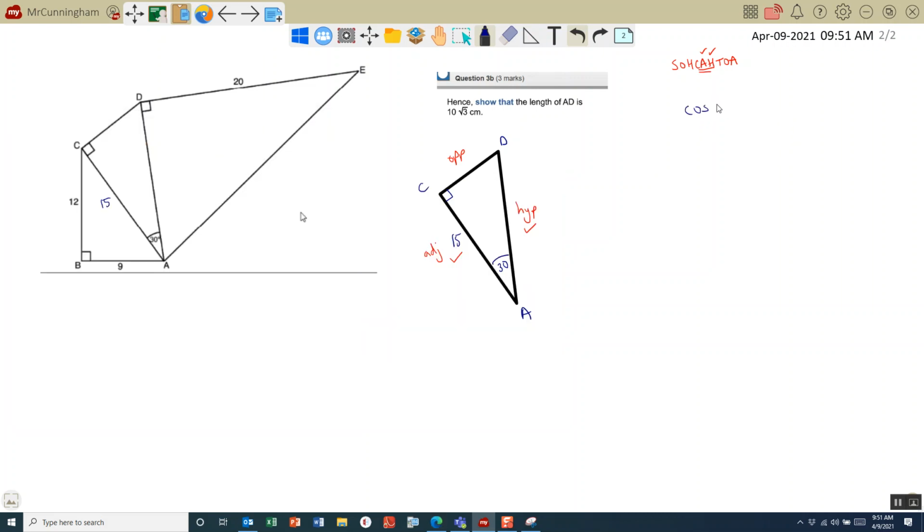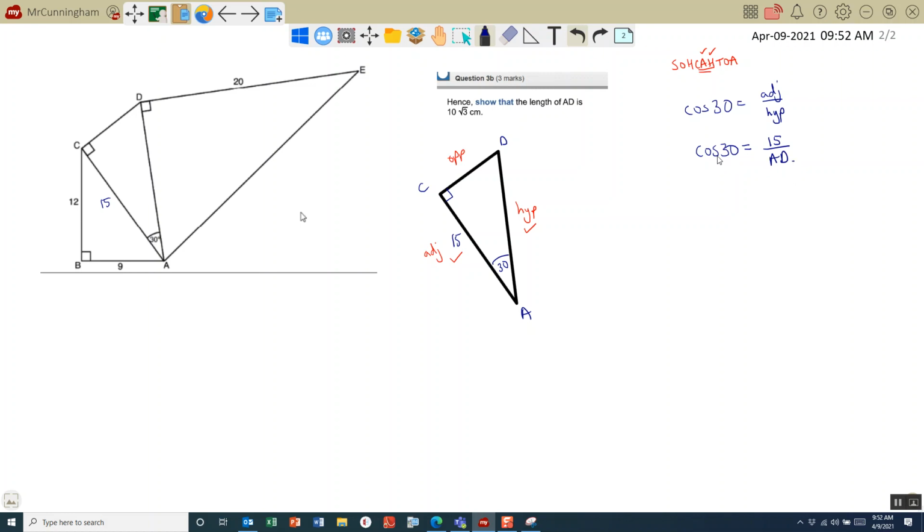So cos of the angle, which is 30, is equal to adjacent over hypotenuse. So cos of 30 is equal to adjacent, which is 15, over hypotenuse, which is what we want to work out, which is AD.